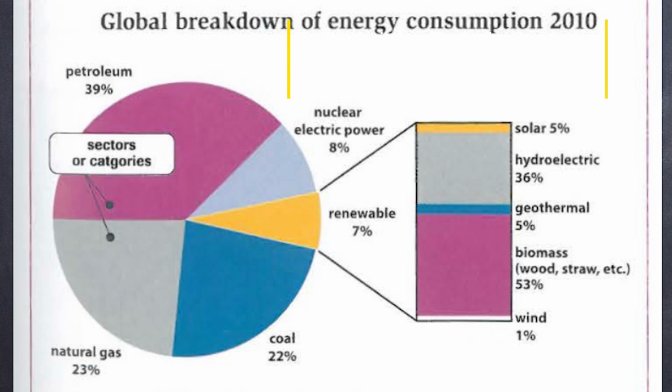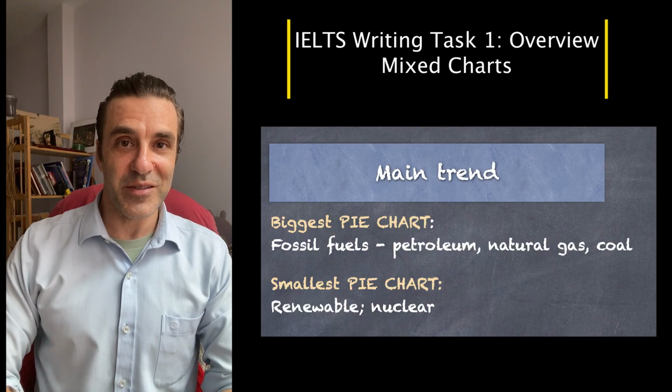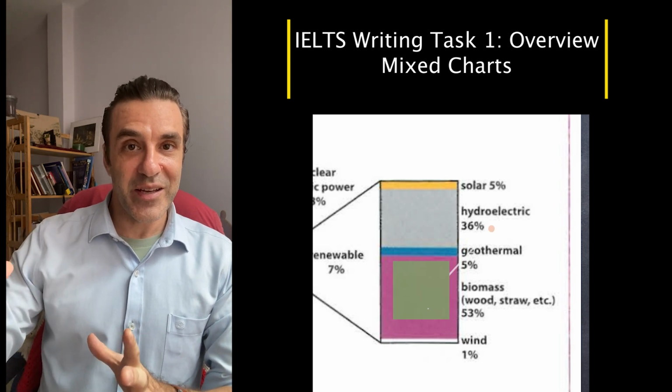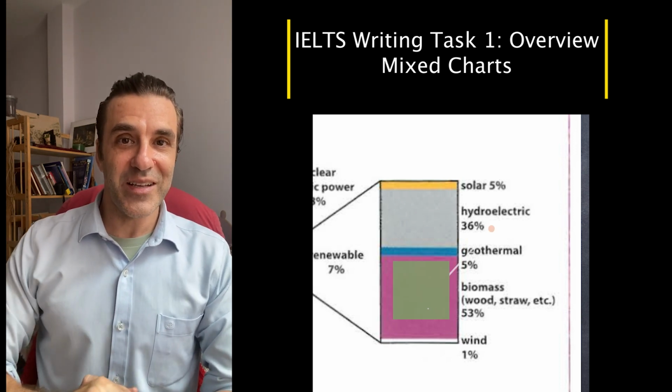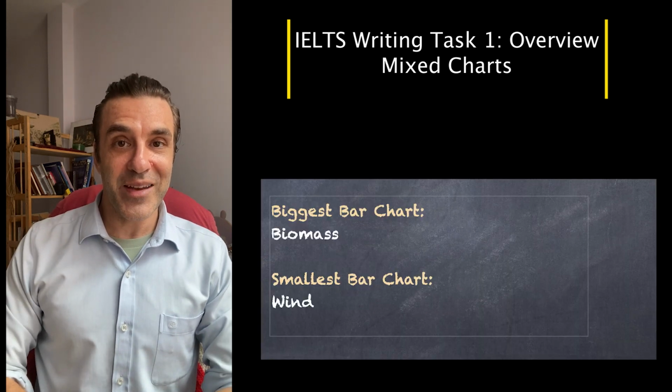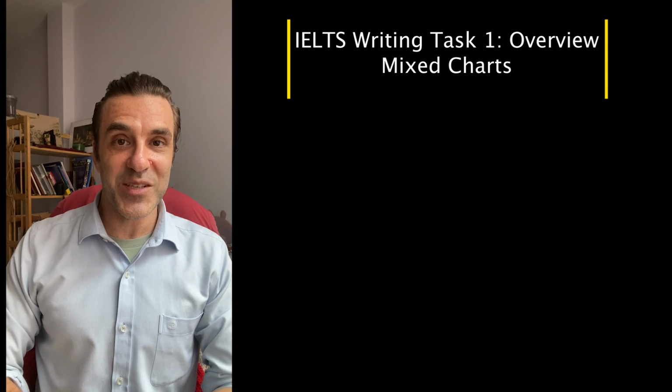And then nuclear and renewable are the smallest. So that is the main trend for the pie chart. On the bar graph we see that biomass is the biggest and wind is the smallest. So that's our main trend there. So we just have to put that into a short 2-sentence paragraph.